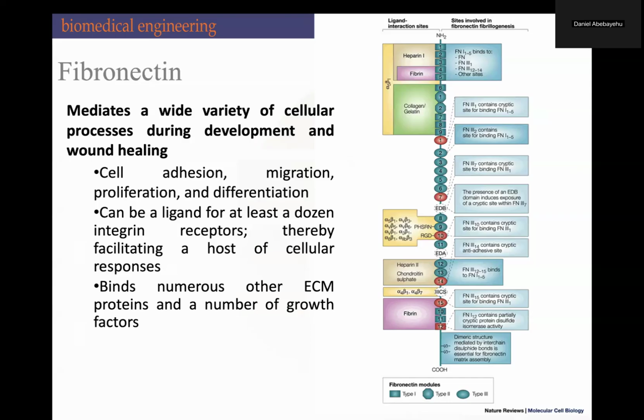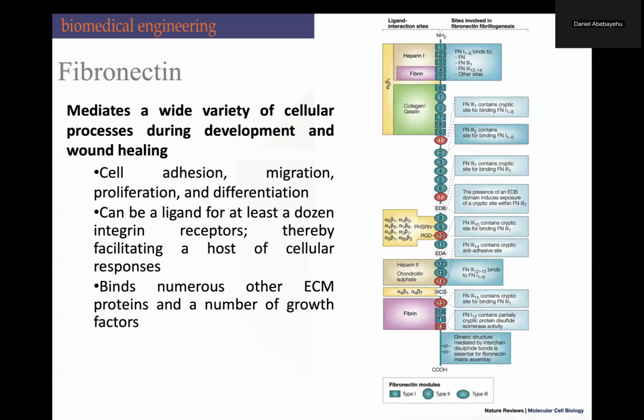We have a lot of domains present on fibronectin. What's interesting is that there's a fibrin binding domain. So fibronectin can help serve, when you have an injury, you get a fibrin clot that forms. Fibronectin is laid down to help serve as this early extracellular matrix during wound healing before collagen comes in, and it lays the tracks for collagen to be deposited by fibroblasts.